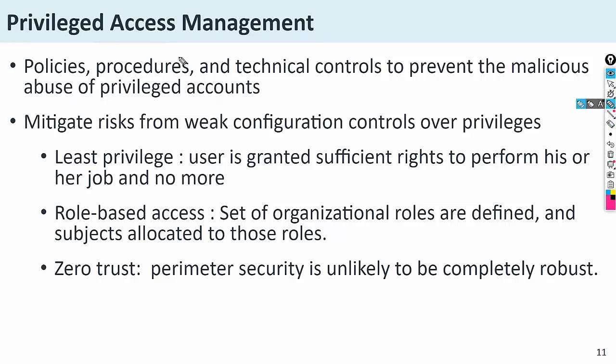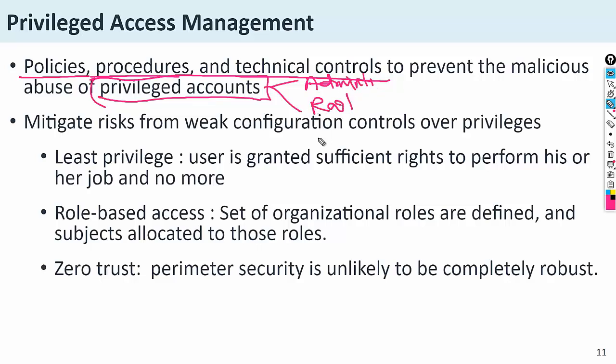For example, privileged access management is policies, procedures and technical controls that prevent the malicious abuse of privileged accounts. A privileged account means an account having high privilege, like administrator in a Windows operating system and root user on a Linux operating system.